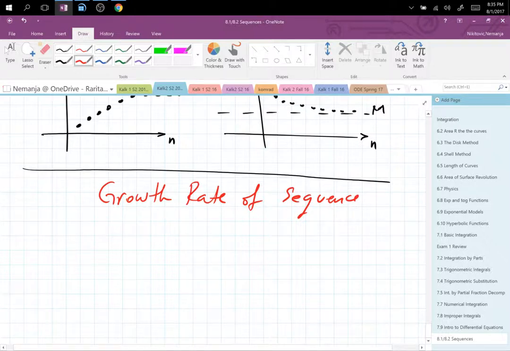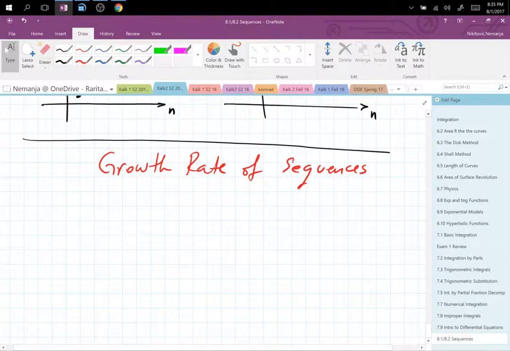We did something similar in Calculus 1, growth rate of functions, to take certain limits faster.